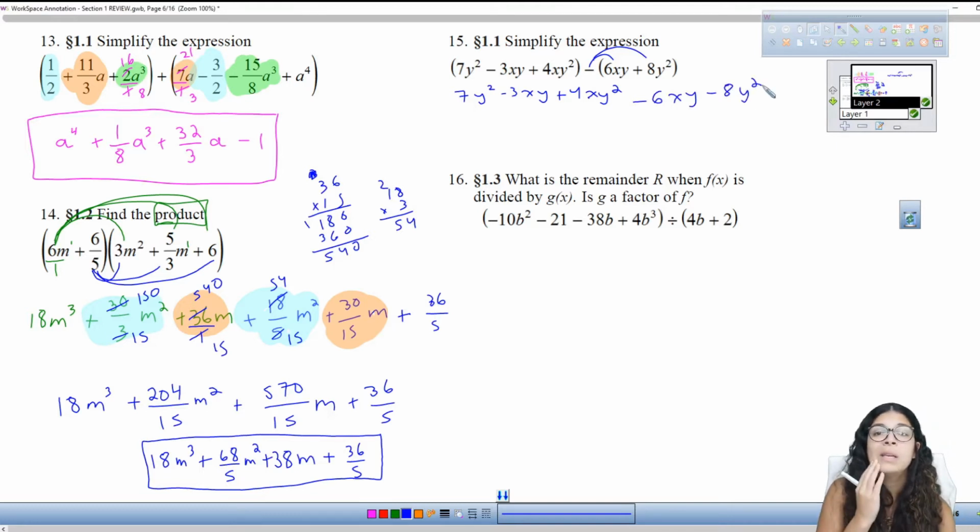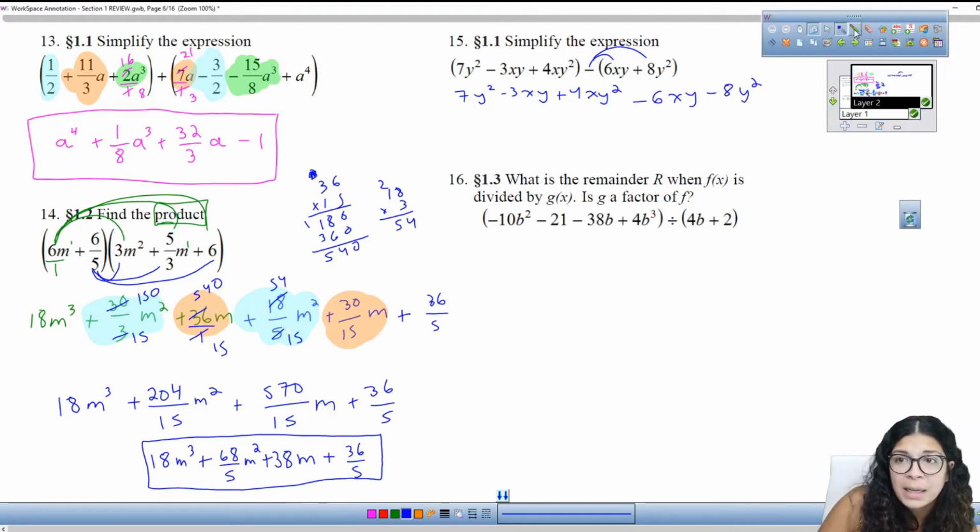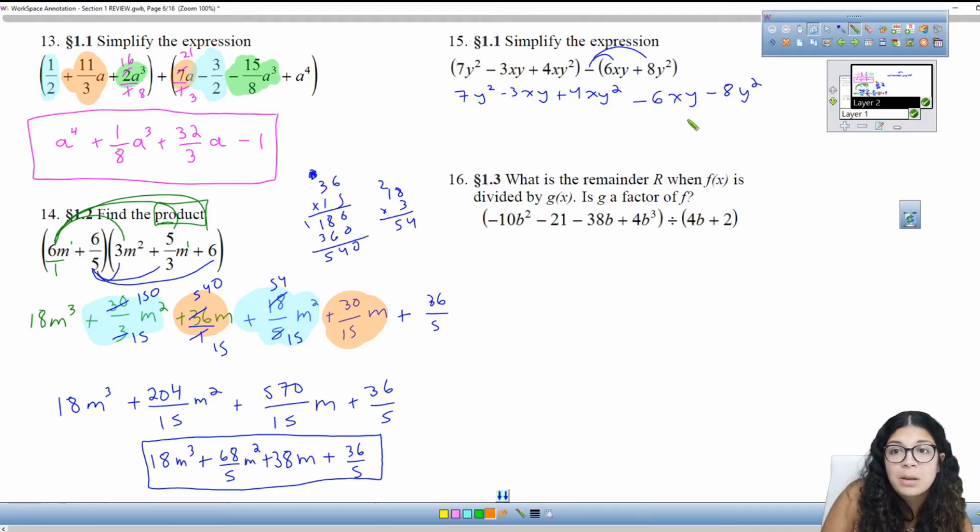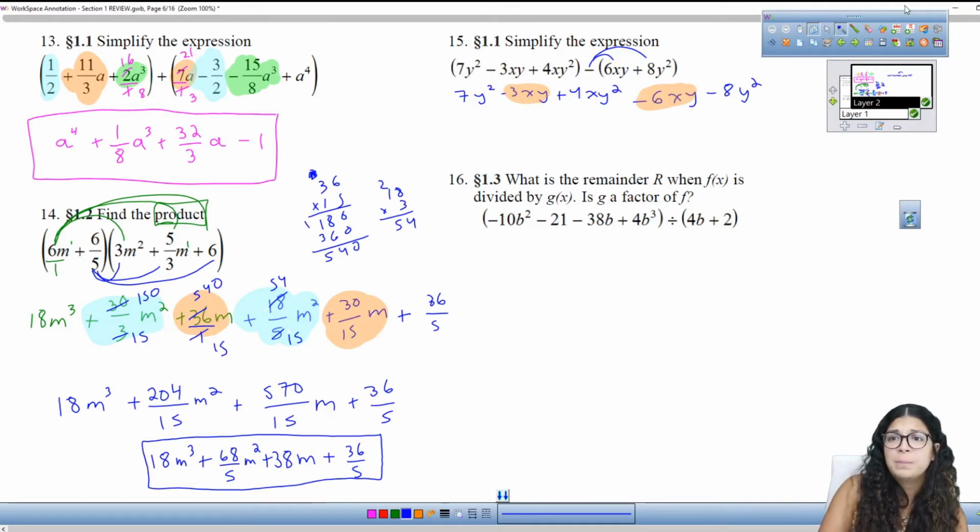Now remember, you can only combine things that are exactly alike. So I can't combine this xy squared with this xy. It would also have to be xy squared, right? However, I do have an xy here and an xy here, so I can combine those, okay? So remember, you want to start with your highest power.